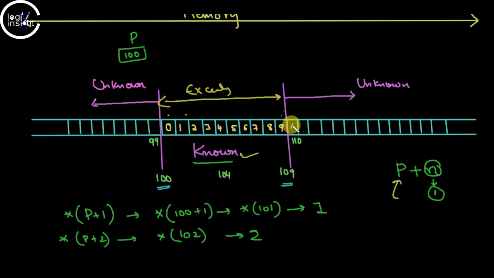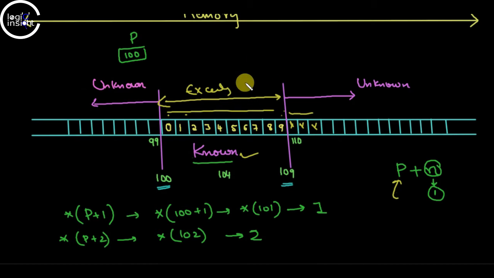Here it might have some value, here it might have some value, and we don't know what this value is. We can fetch the data but we don't know what that value is. What we know is the data present in this range, so we only focus on this range.